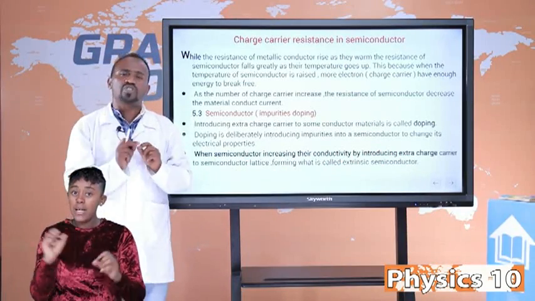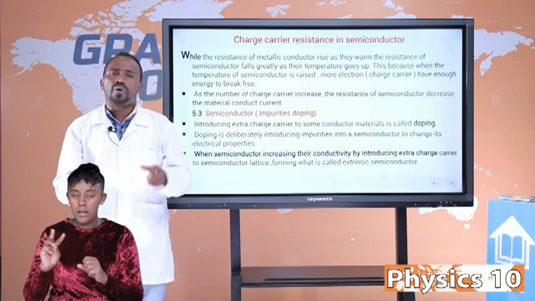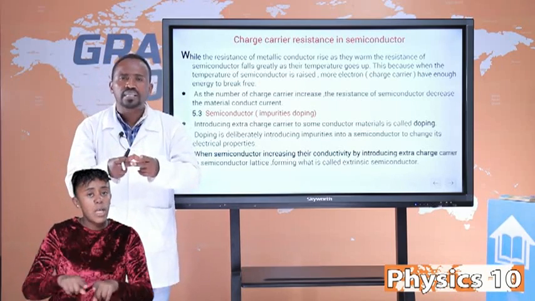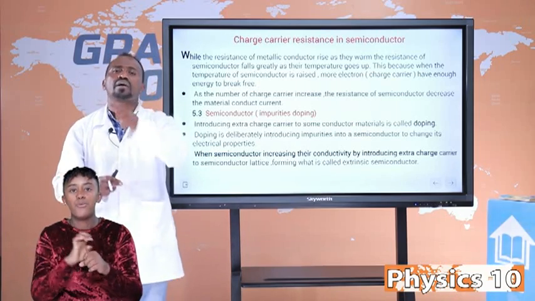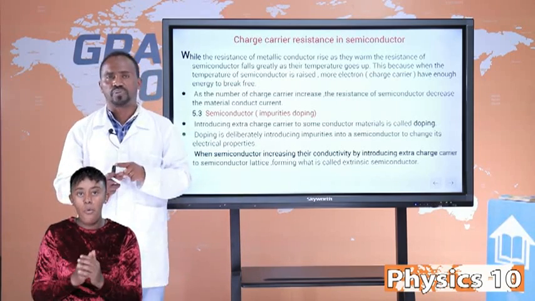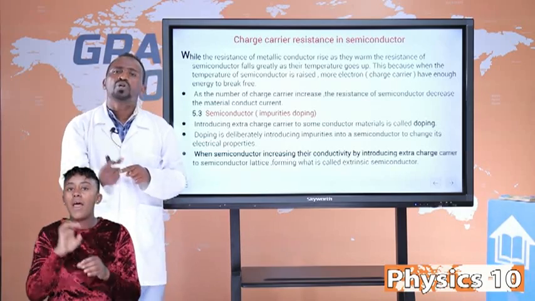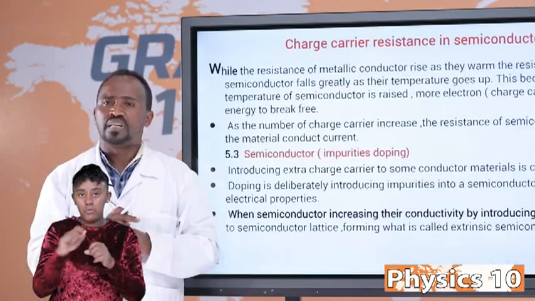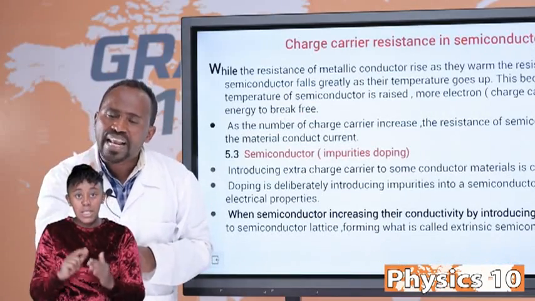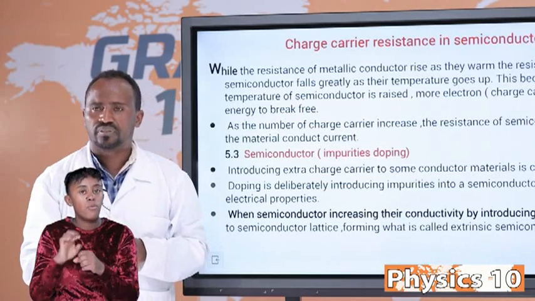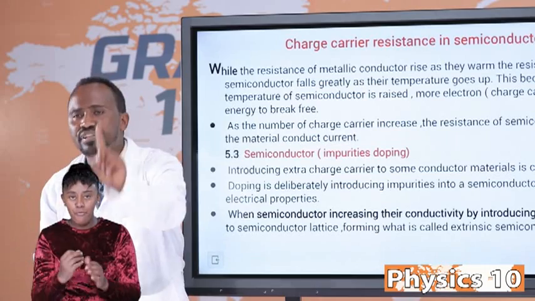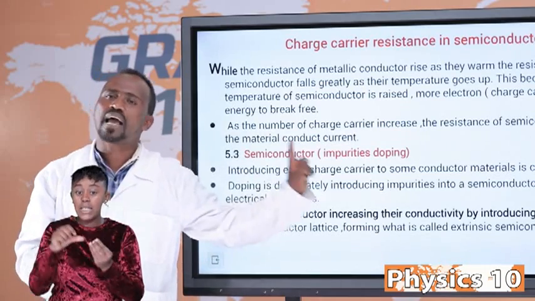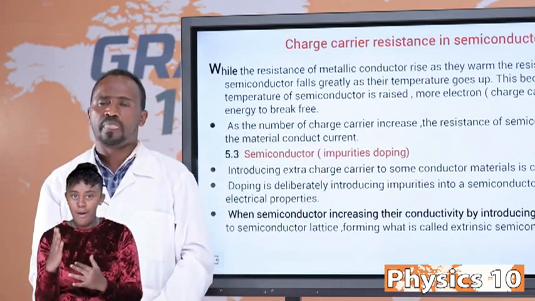When they form a bond, there is a scarcity of 1 electron. We lack 1 electron to fulfill the bond. This forms a hole. When such impurities are added to a semiconductor, a P-type semiconductor is formed.